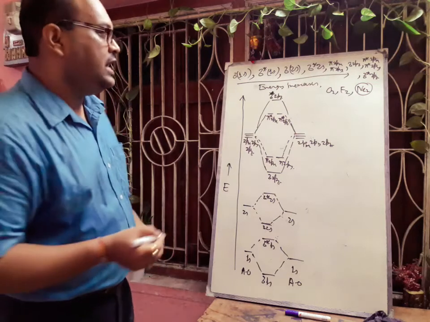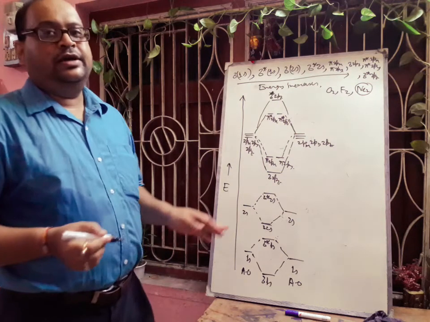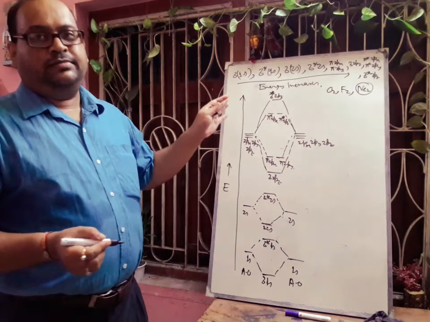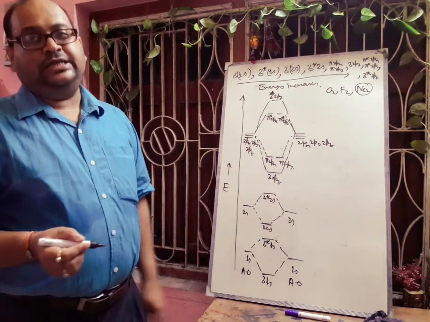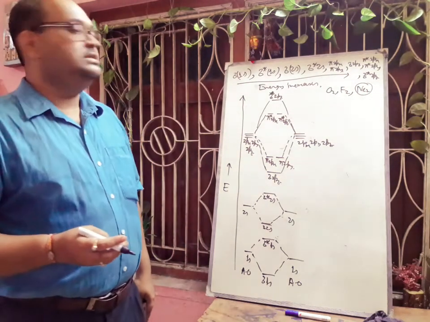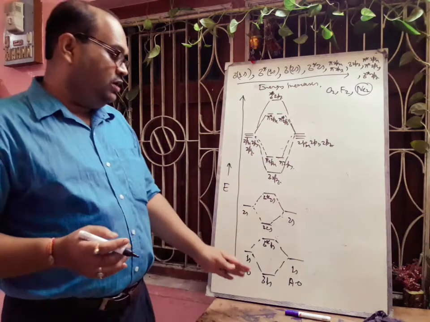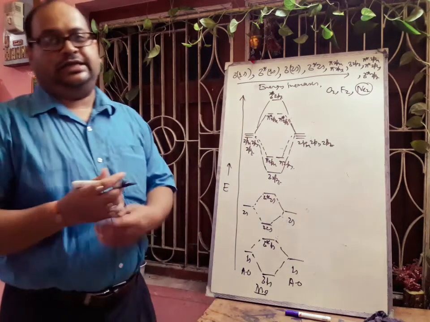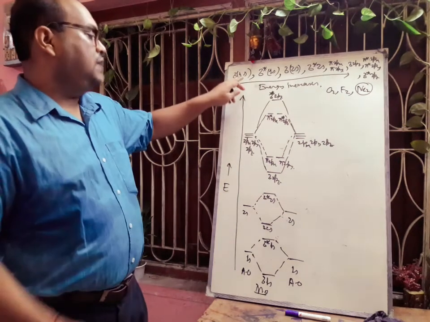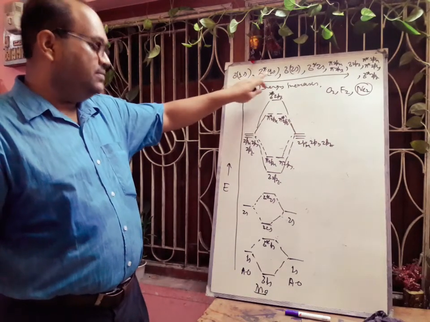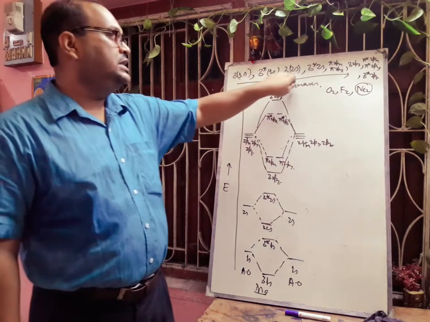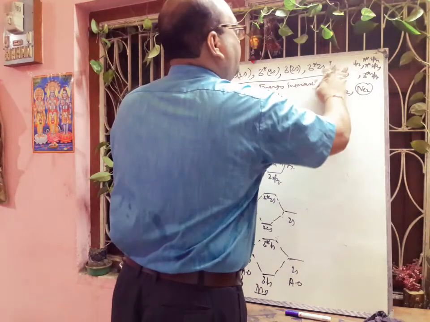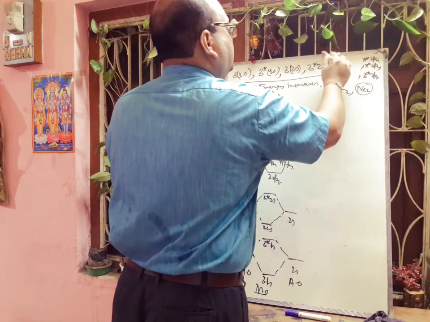Here, if we arrange the molecular orbitals according to increasing energy, then after sigma 1s, sigma star 1s will come, then sigma 2s, then sigma star 2s, then sigma 2pz.